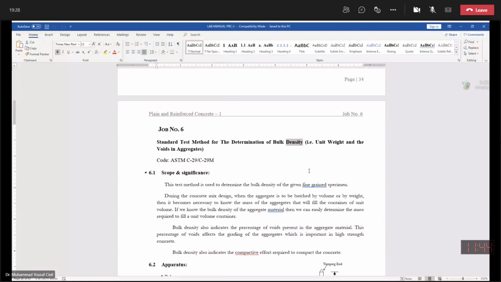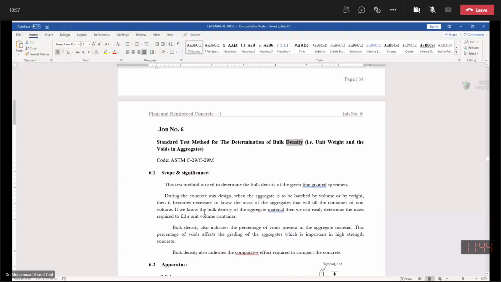This information is also very important. As is written over there, during concrete mix design, aggregates are batched by volume or weight, and it is necessary that the mass of aggregate that fills the container must be known to you. If we know the bulk density, then we can easily determine the mass required to fill a unit volume container.